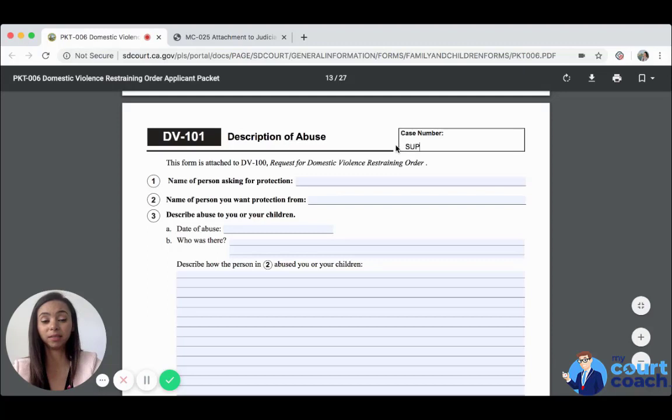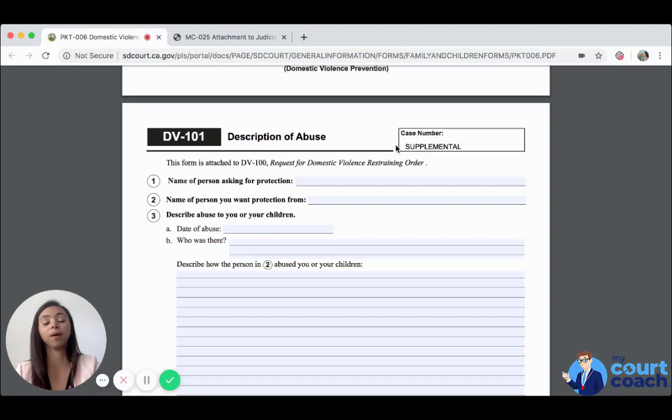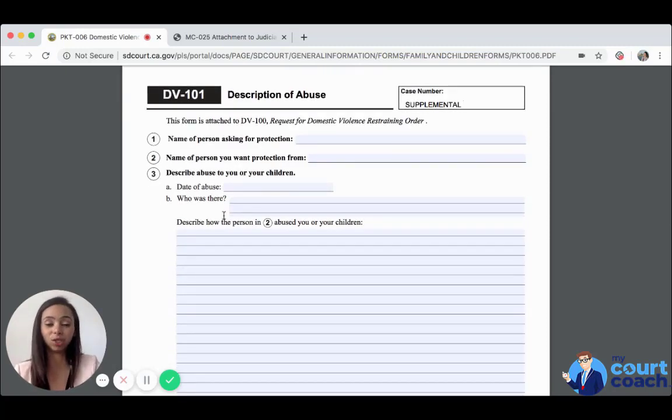And what that means is that you want the court to consider not only this form, but the next form that you fill out that will be titled supplemental. It's in addition to, it's supposed to supplement the description of abuse that you've already handled. But if it's not going to necessarily add to the description of the abuse, like you're not providing additional details and you're just revising what you're going to say, then you would do an amended declaration or amended description of abuse, and you would just clarify further what happened on this particular day.